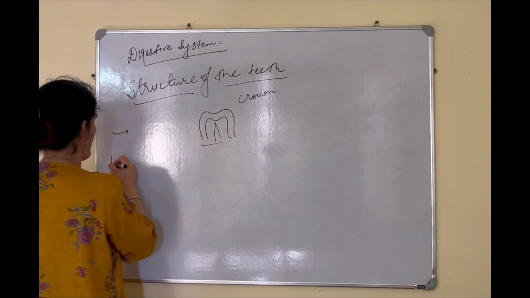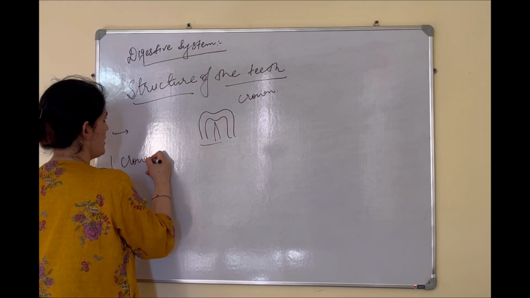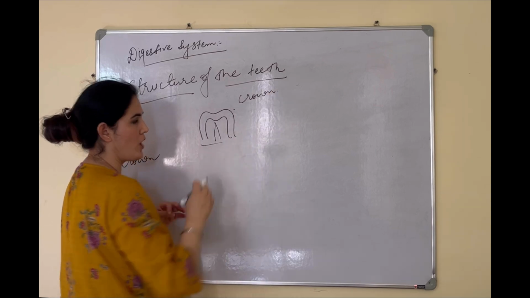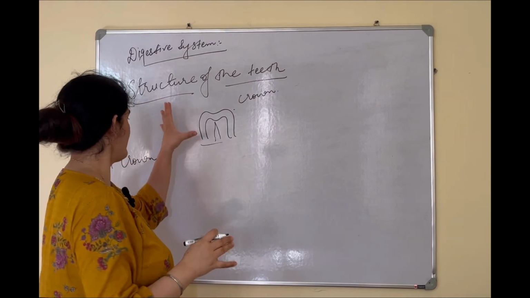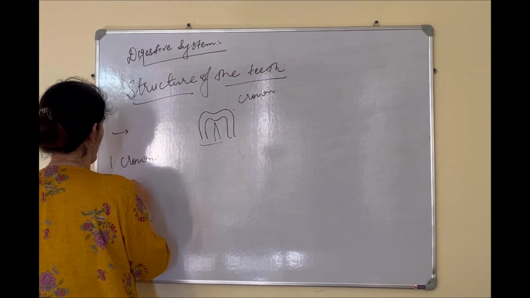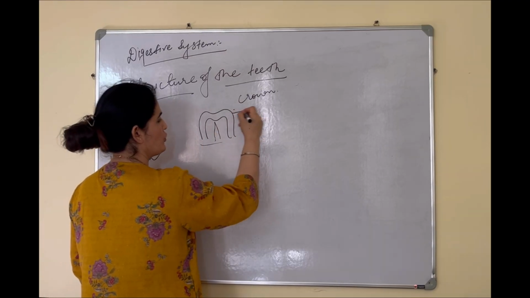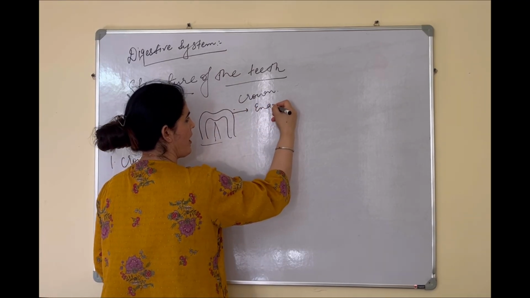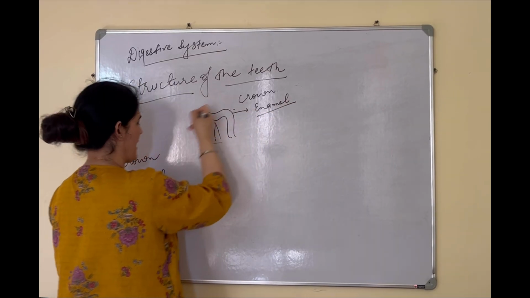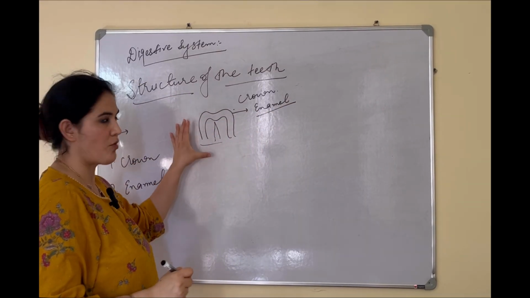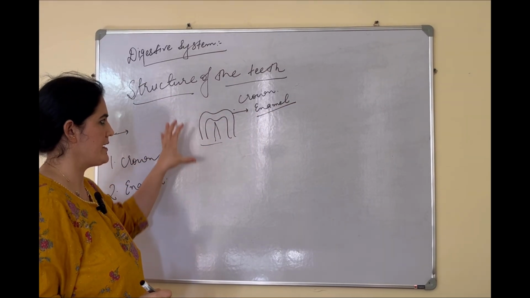The first part is crown, and then we have the second part, which is enamel. Enamel is the outermost part, which is the hardest part, you know. The outermost hardest part of the tooth is called the enamel.